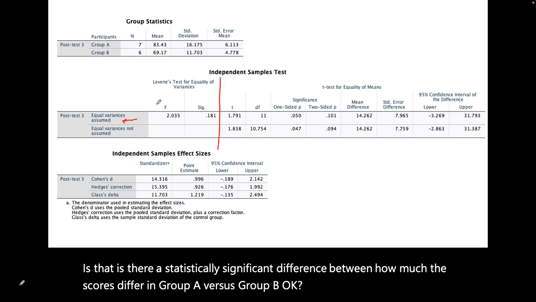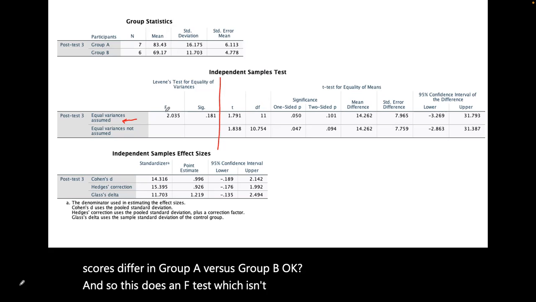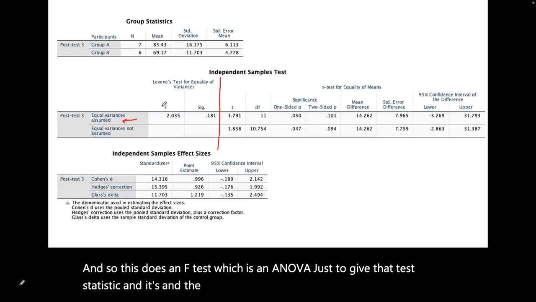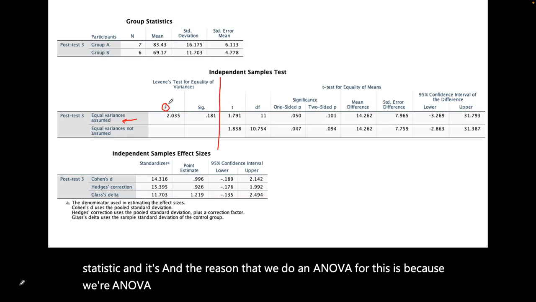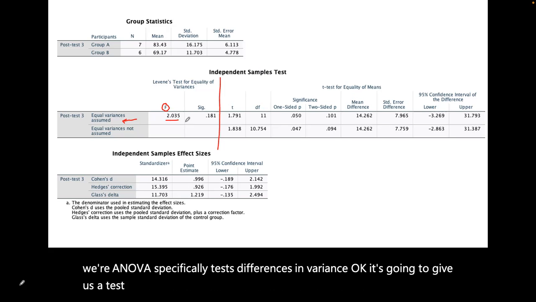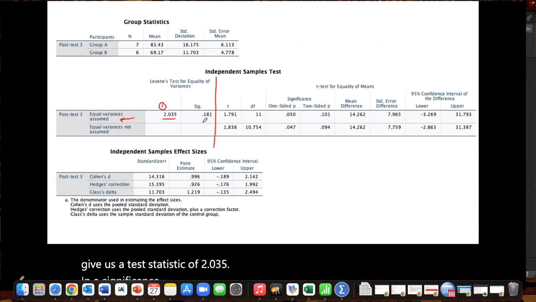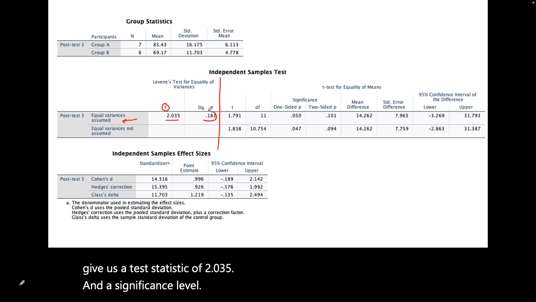And so this does an F test, which is an ANOVA, just to give that test statistic. And the reason that we do an ANOVA for this is because ANOVA specifically tests differences in variance, okay? It's going to give us a test statistic of 2.035 and a significance level of 0.18, which again is greater than 0.05, all right?